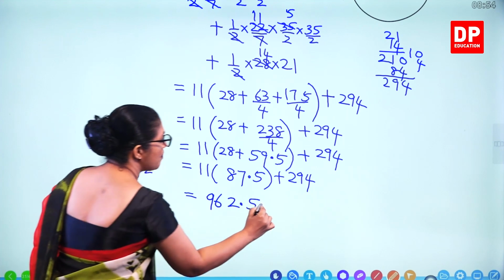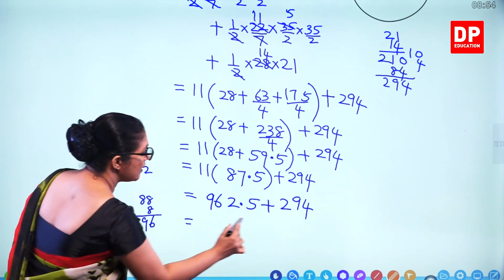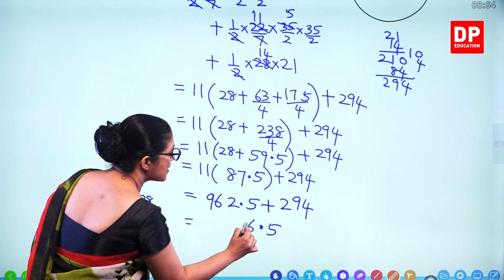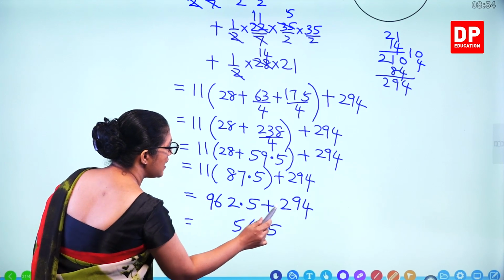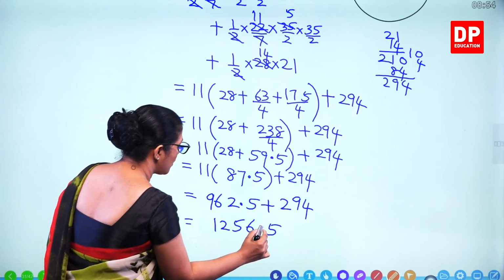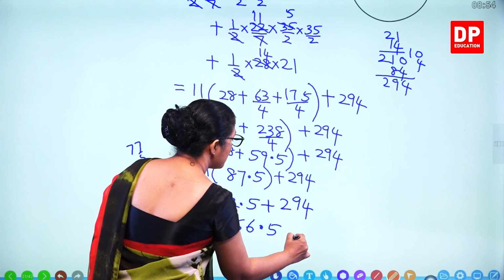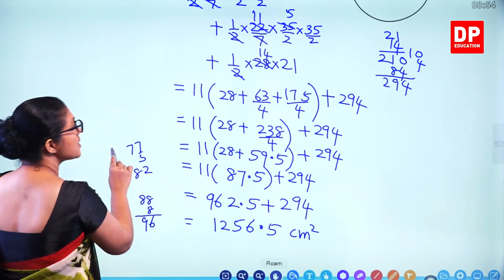So you get that plus 294. What's the total? You get 0.5. 4 plus 2, 6. 9 plus 6, 15. 1 remaining, 10 and 2, 12. So 1256.5. And this is about area, square meters.